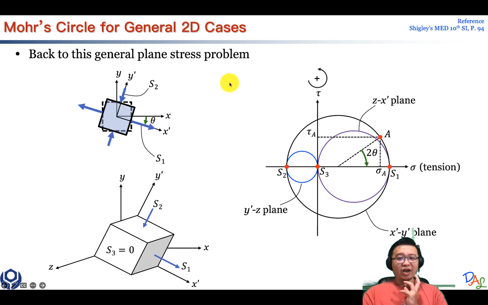The black one is what we focus on for a plane stress problem, only a 2D problem. But be aware, if there's a more complex problem with stress in the third direction, the Mohr circle is more complex and looks like this.